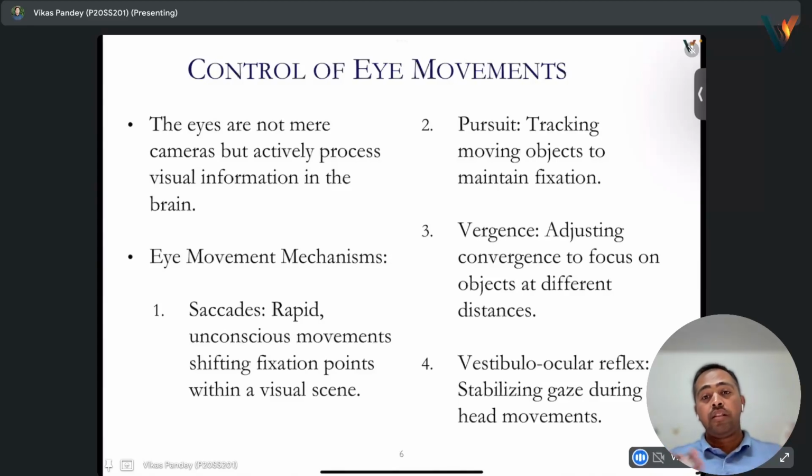Okay, so in this case, how you see these two things separating each other at some distance, that is the vergence. And then is the vestibulo-ocular reflex that stabilizes the gaze during head movement. So if your head is moving like this, like I am moving, but still I am seeing towards the camera. And how this is being done? This is being done by the vestibulo-ocular reflex.